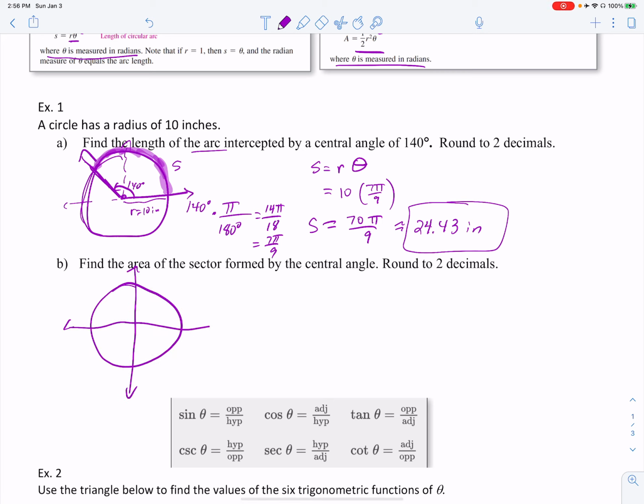for right triangle trig. And so if I have a right triangle, this is 90 degrees, and I choose a reference angle. I'll just use this one right here. Here is a leg, here is a leg, and opposite of the right angle is your hypotenuse.